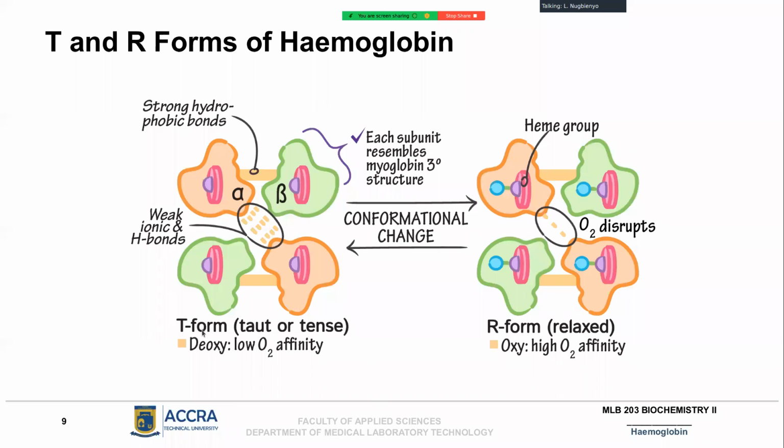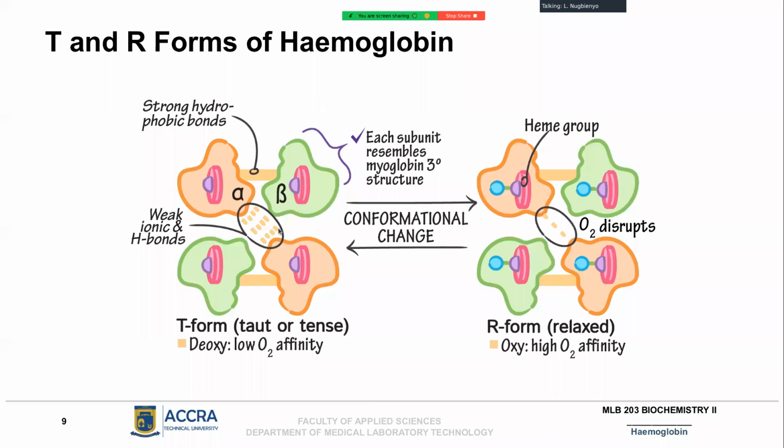So the T form, referring to taut or tense, is for deoxyhemoglobin. Now you see that in the taut or tense form, the hemoglobin monomers are tightly bound together.